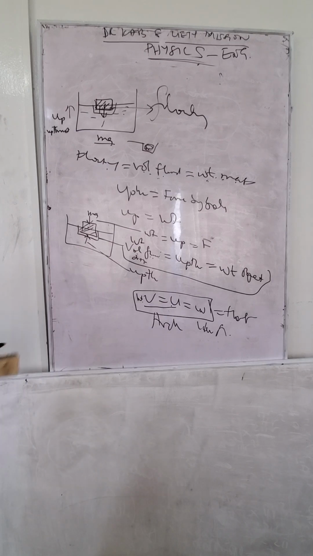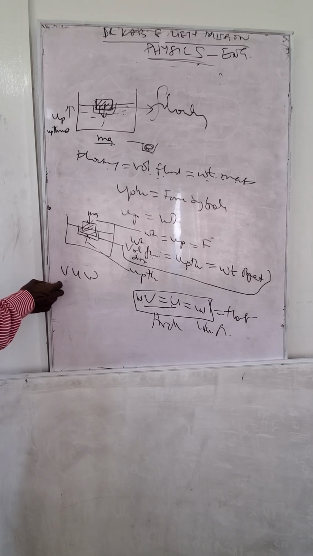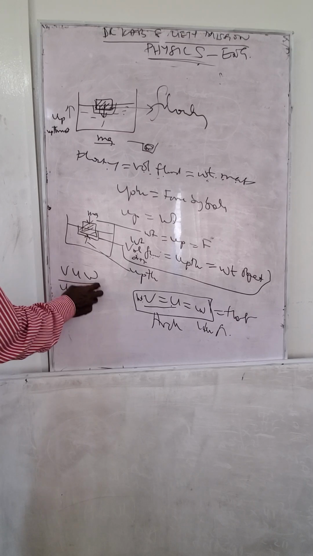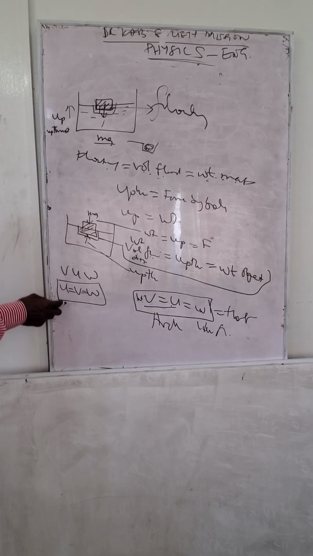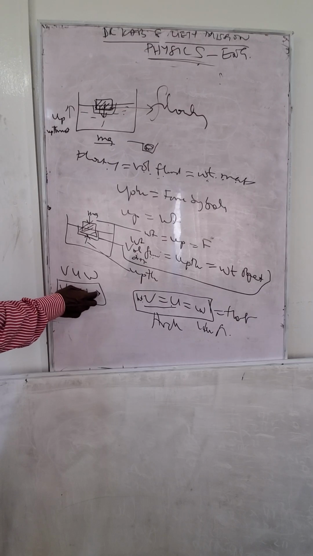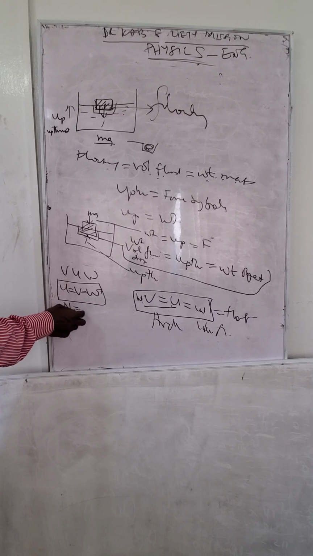Okay, so once you know this principle, you can just say U, V, W, which is the alphabet, okay? That can help you remember. So updraft is equal to the volume of water displaced, and it's also equal to the weight of the body if it is floating, okay? So updraft will be in newtons, and this is the weight of the volume of water displaced. You can calculate it, okay?